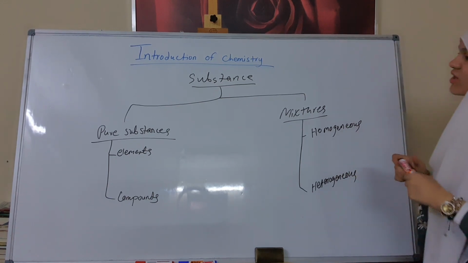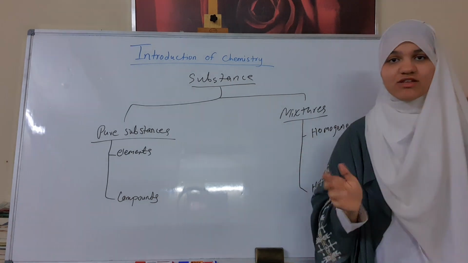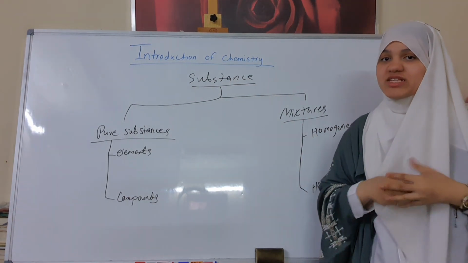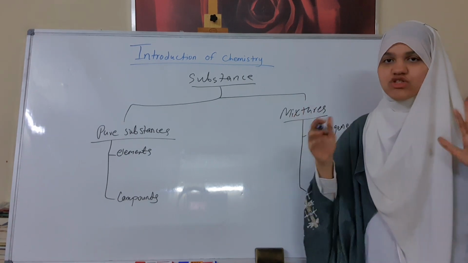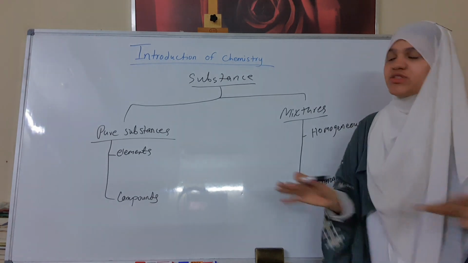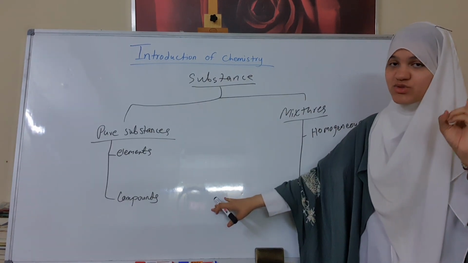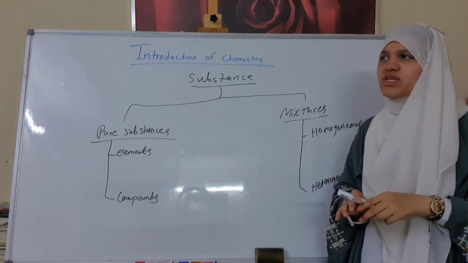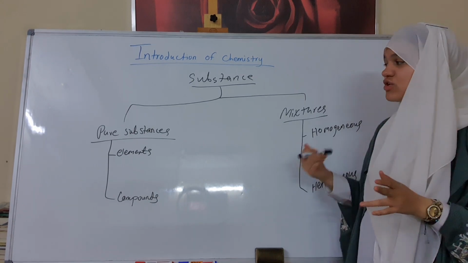First of all, pure substances can be classified into two, which is elements and compounds. Why? Because we know that elements are just not compounds, but are in the periodic table. They are pure elements, just pure substances. For example, gold. Can we say that gold is a mixture or a pure substance?